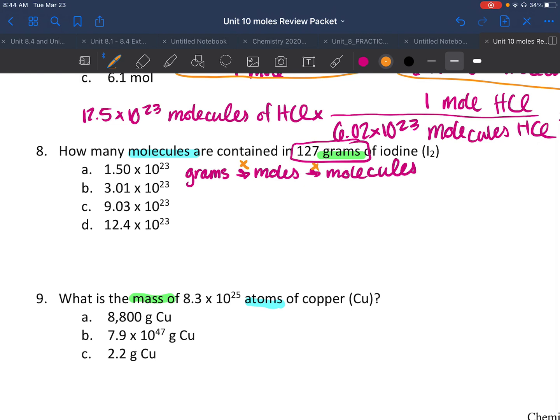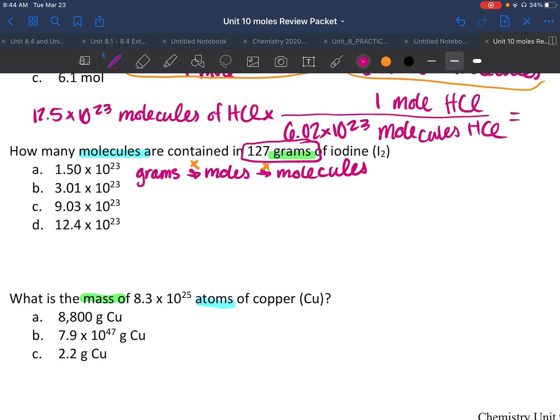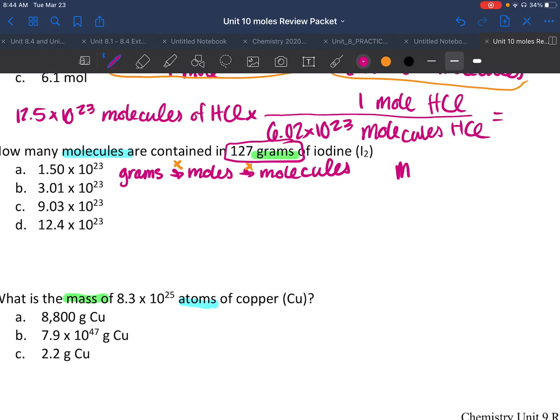Now, again, I know I'm working with grams. I immediately have to find the molar mass. So if you figure out the molar mass, now we're working with iodine, which is I2. So you need 2 times the mass of iodine, which would give you 253.8 grams per mole.